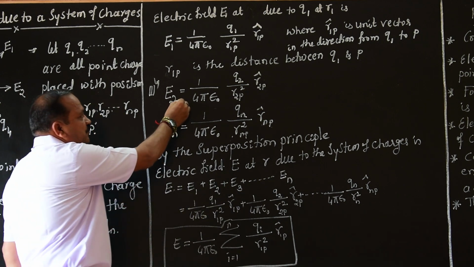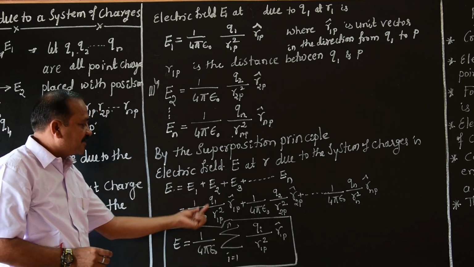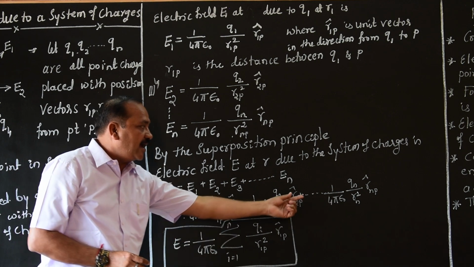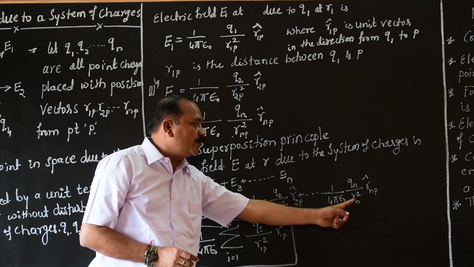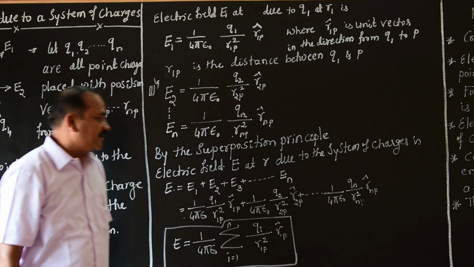Just substitute the values: 1 by 4 pi epsilon naught, Q1 by r1P square, r1P unit vector, up to 1 by 4 pi epsilon naught, Qn by rnP square, rnP unit vector.